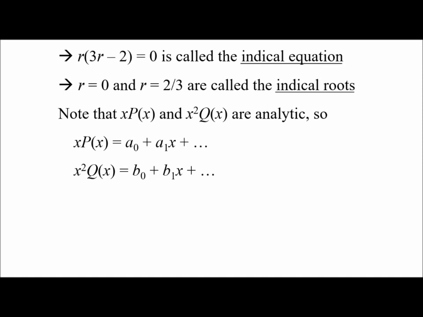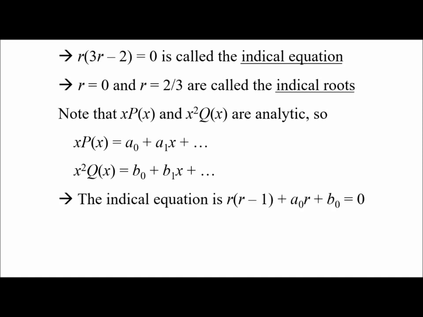And it turns out that the indicial equation will be this one. It'll be r times r minus 1 plus a naught r plus b naught. Again, a naught is the constant term of the power series for x p of x. b naught is the constant term for the power series of x squared q of x.